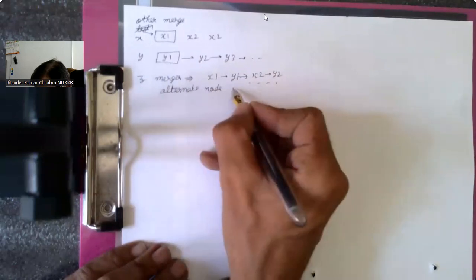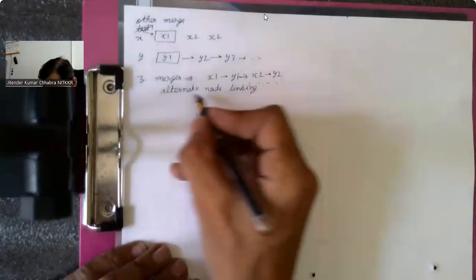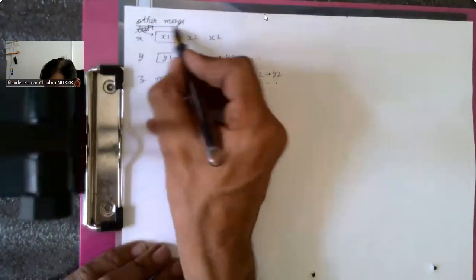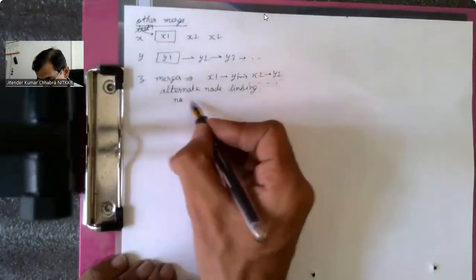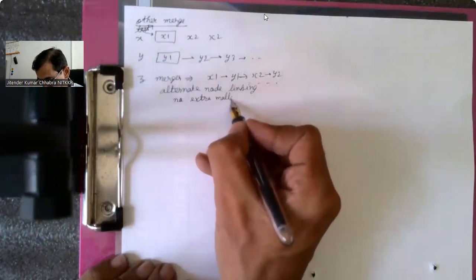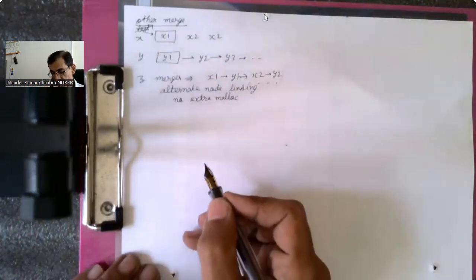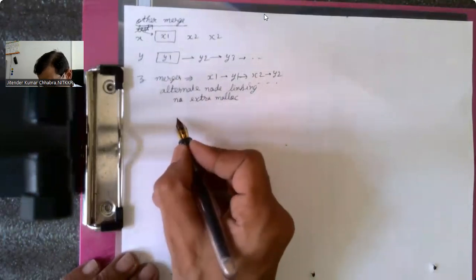So alternate nodes linking. That's another merge operation, but the logic can be simple. If I say no extra malloc, no new nodes, these nodes are to be relinked. How to do it? The merge criteria will just be used in an if.